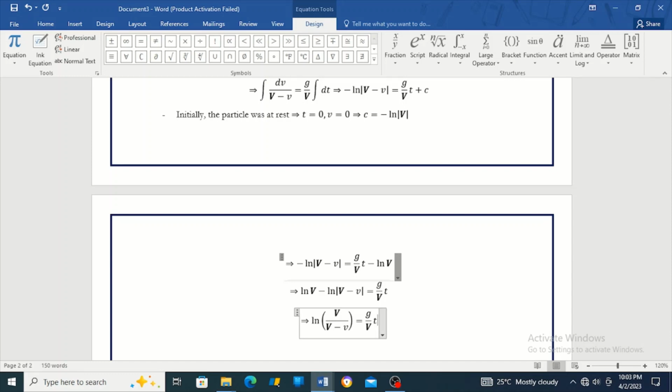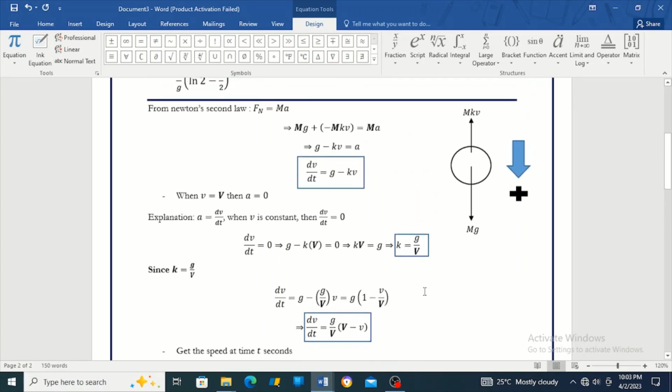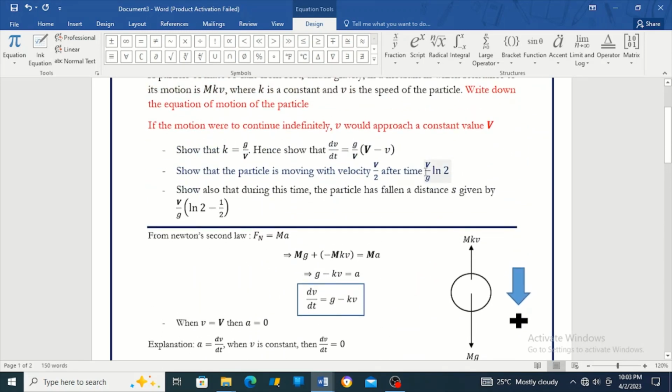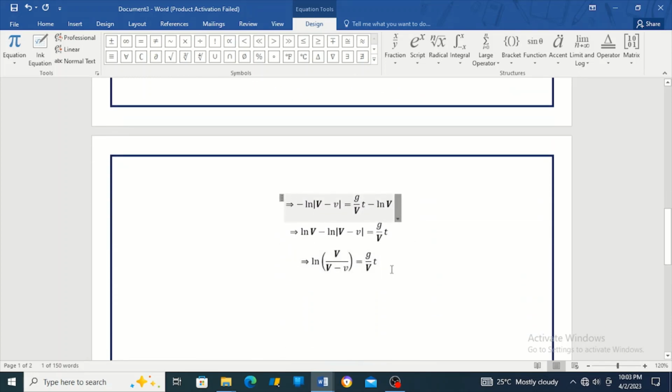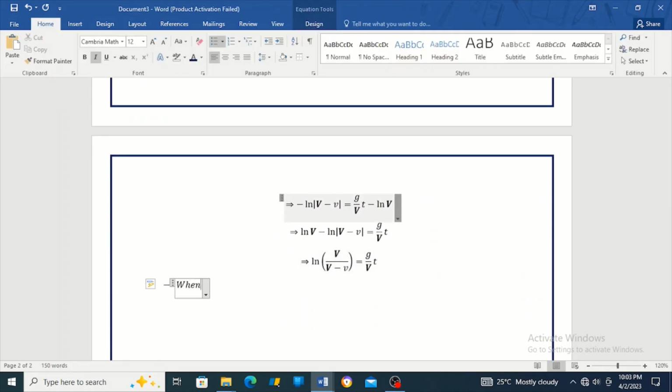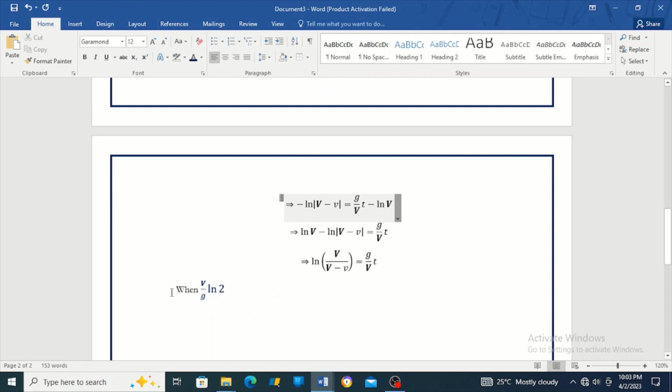Okay, now we're told that we need to show that the velocity is equal to this when the time is this. So I'm going to replace the time by that, and then I show that the velocity is that. So when my time is equal to this, what is the value of v?